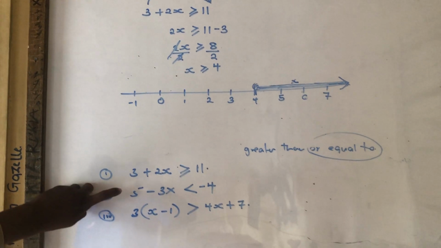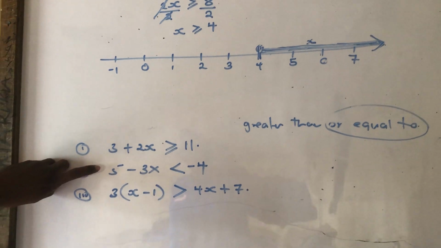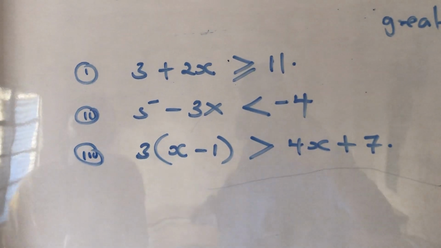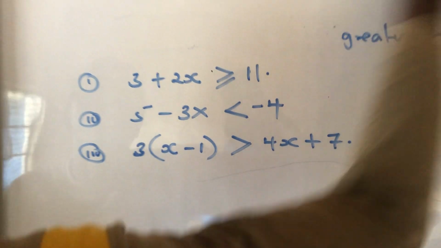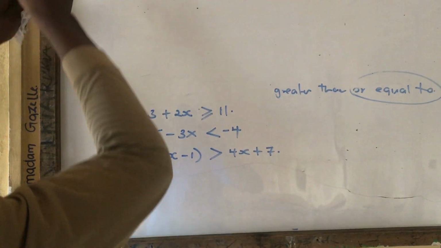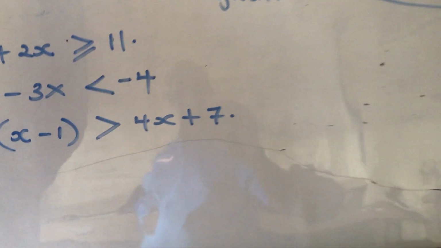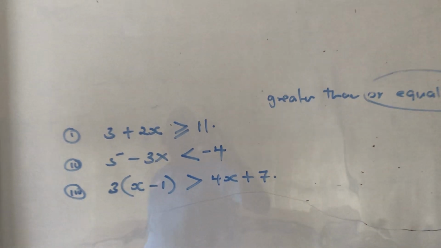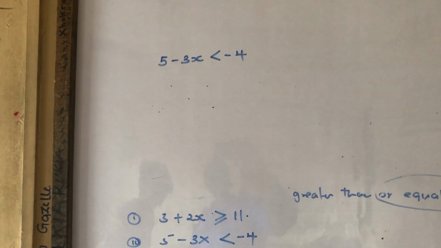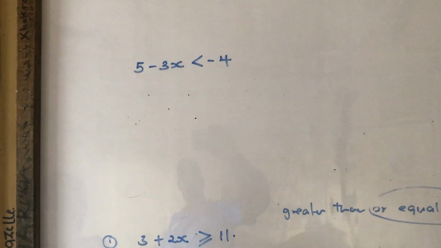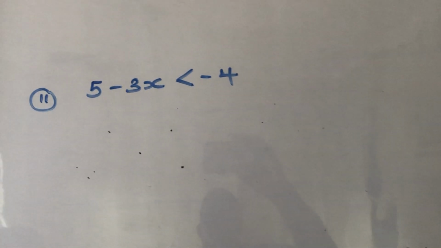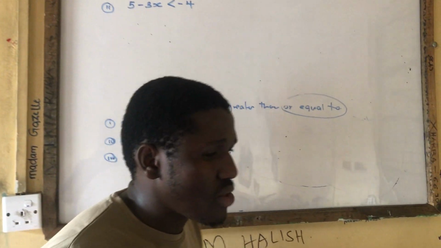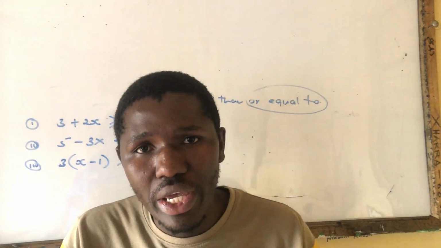Which brings us now to the second one. What do we have in the second one? We have 5 minus 3x is less than negative 4. What do we do? Like I mentioned, on top of the 2 rules which I gave you, the rest of the rules in mathematics will stay.